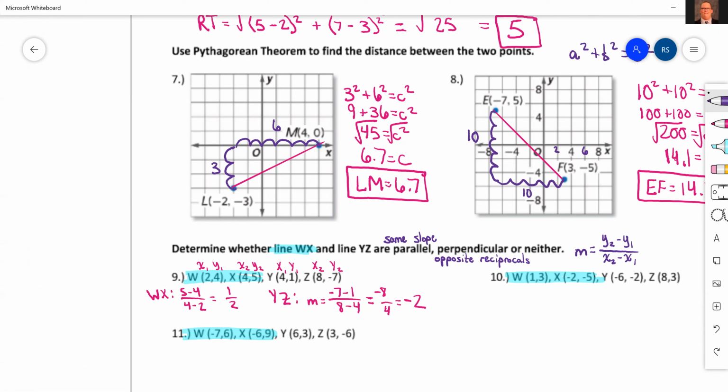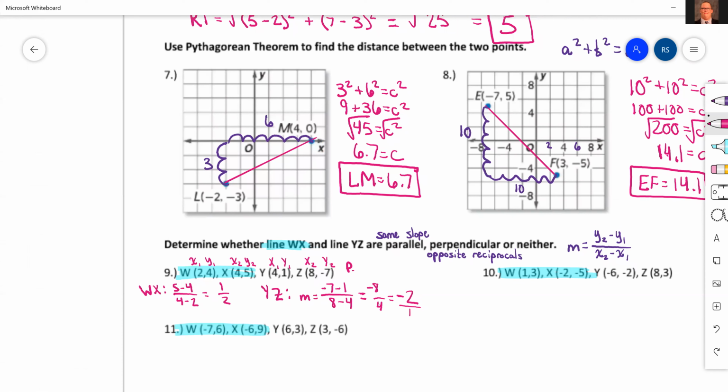So they're flipped and one's negative. Well, if I take this negative 2 and put it over 1, look, they're flipped and one's negative. So this one would be perpendicular.